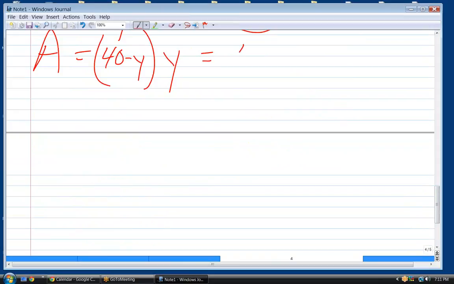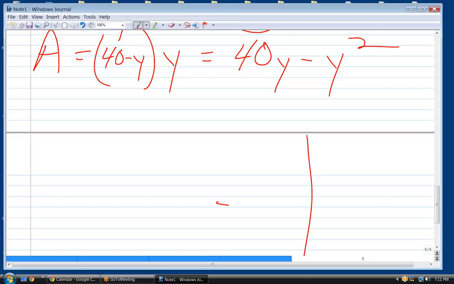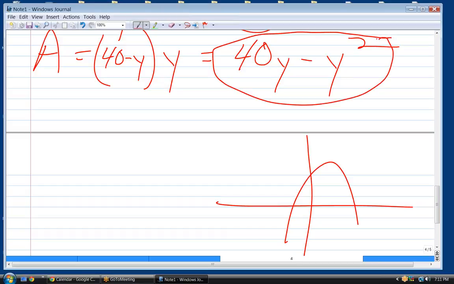Equals 40y minus y squared. Okay. Which is some kind of a parabola that points down. Okay, so we have to figure out what next. The vertex. Okay. So the vertex of this quadratic function is?